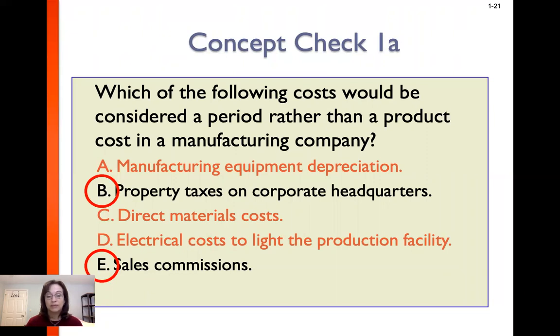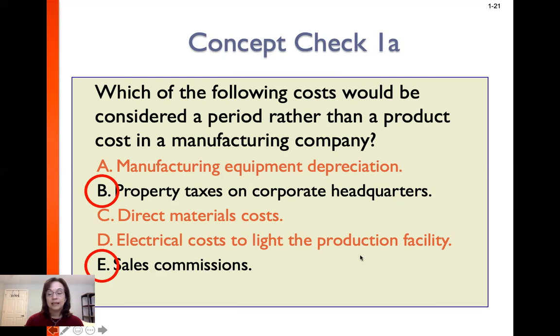It's going to go into manufacturing overhead. The next one, property taxes on corporate headquarters, because it's corporate headquarters. That's going to be an administrative cost, and that would be in your period costs or your non-manufacturing costs. So that's a winner. Direct material costs, remember that's part of your manufacturing and product costs, so not that one.